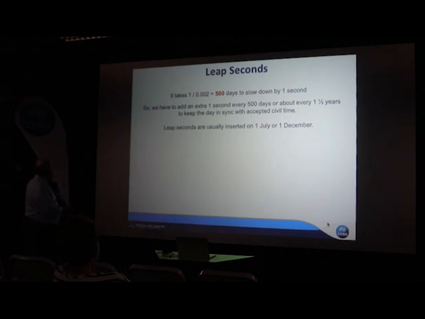So we have to add an extra 1 second every 500 days, or about every 1.5 years, to keep the day in sync with the accepted civil time. We don't want to have to continually adjust our clocks. Okay? So leap seconds are usually inserted on the 1st of July or the 1st of December every 1.5 years. Can you follow?